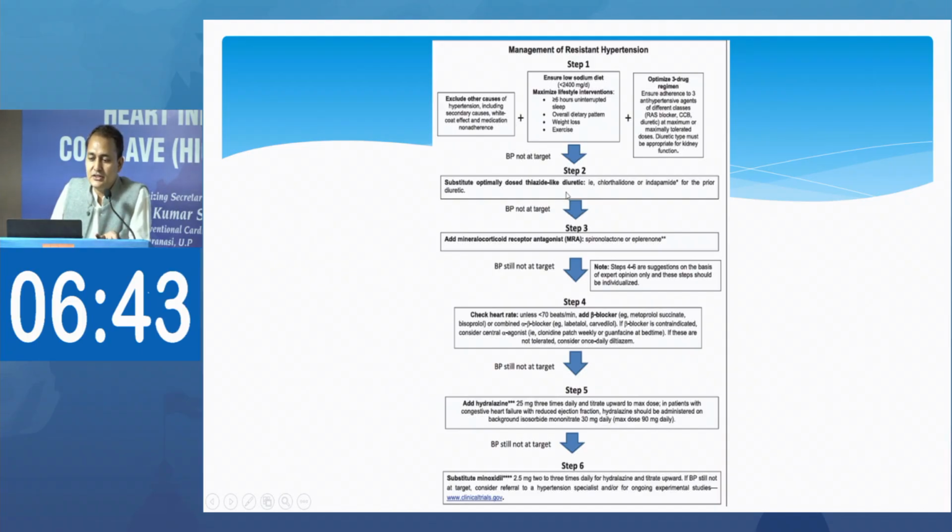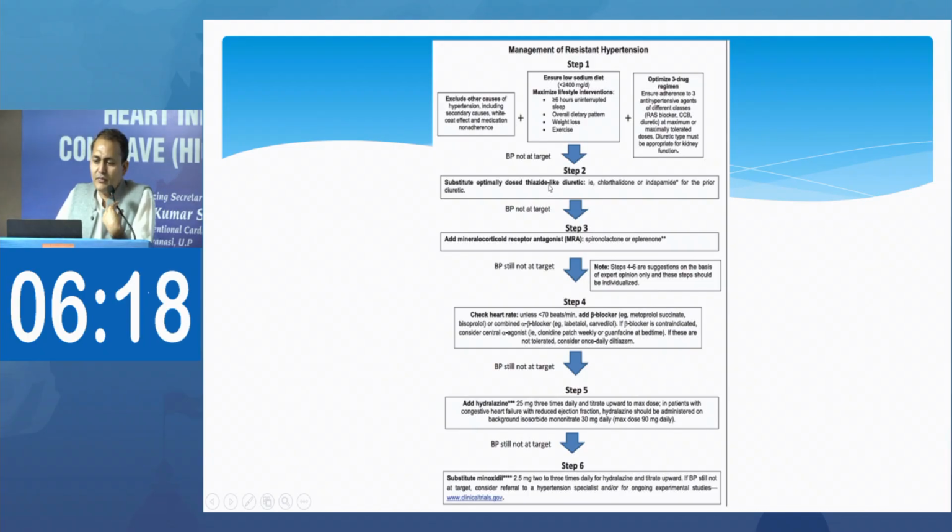And the second step should be optimizing the diuretic dose, because this might be a patient who is diuretic resistant, and the dose that you are using might be suboptimal. So you may opt for BD dosing of short-acting diuretics like furosemide, or OD dosing of long-acting diuretics like torsemide.